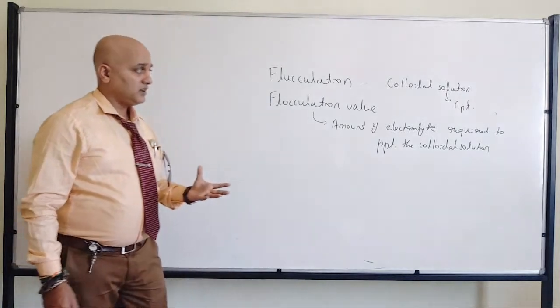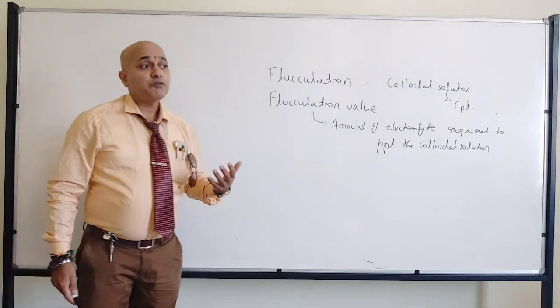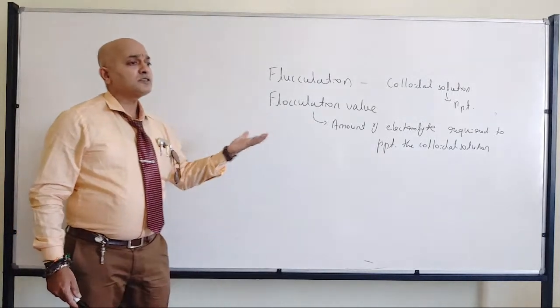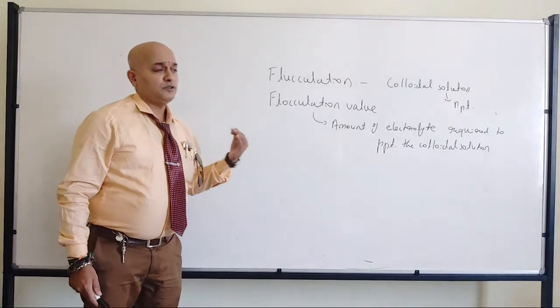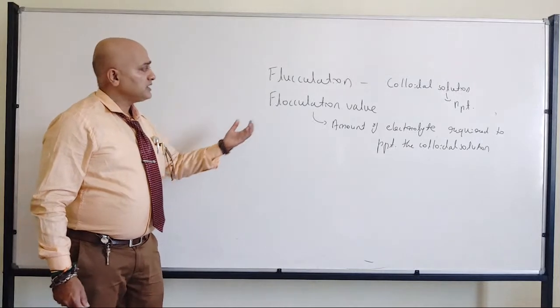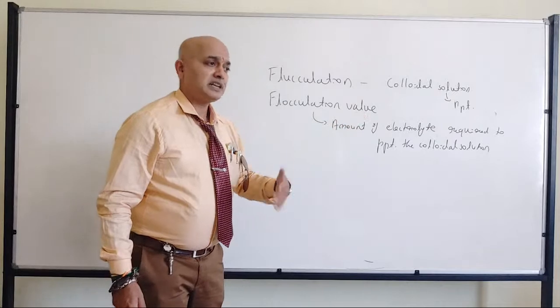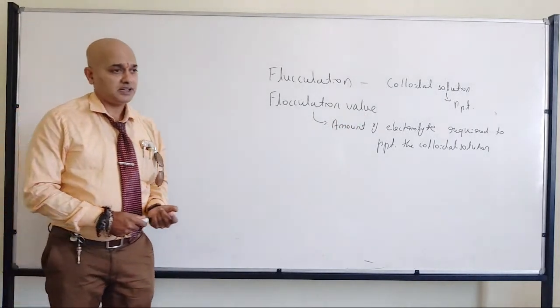That amount of electrolyte required to bring about flocculation or precipitation of a given colloidal solution. In your textbook they might also use precipitation value. That is also fine.